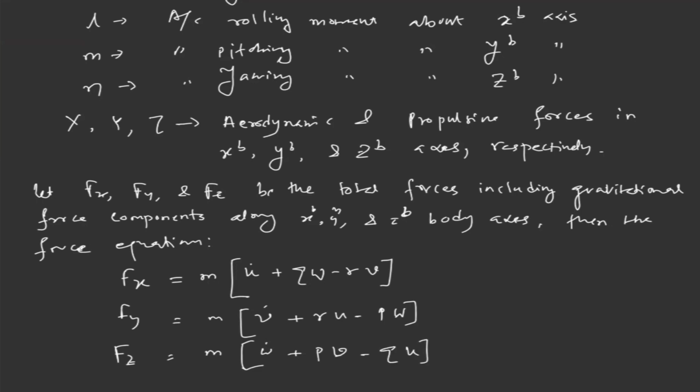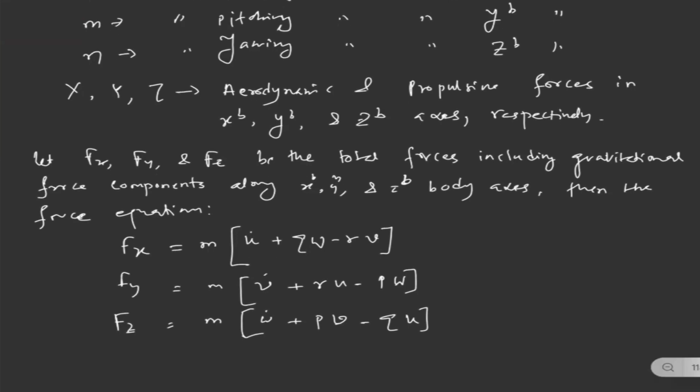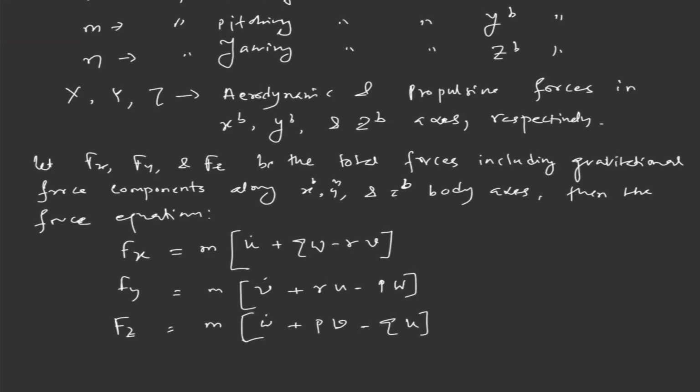Here m is the total mass of the aircraft. I'm not going through the details of how these equations come about. So this is basically the force equation, we can say.